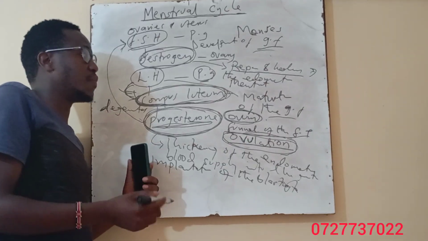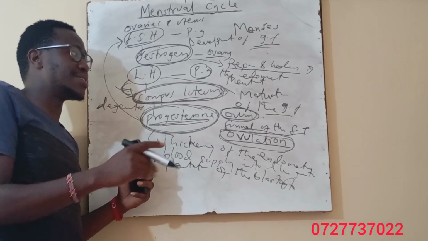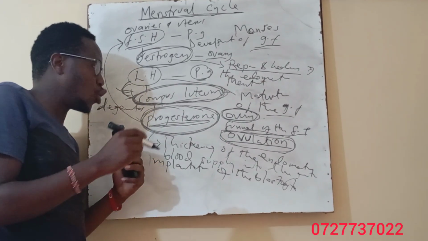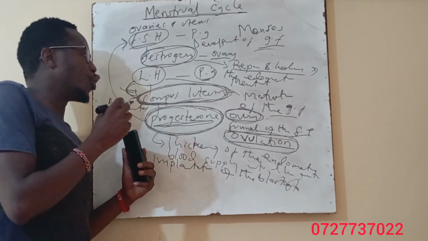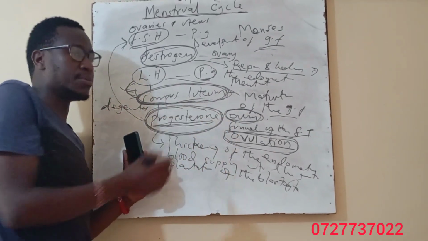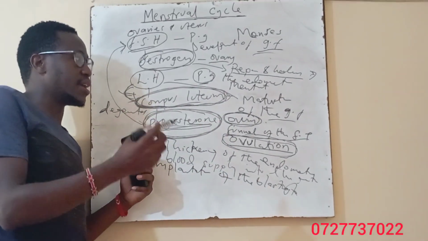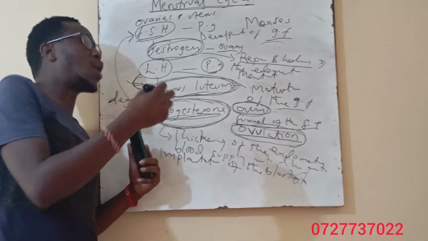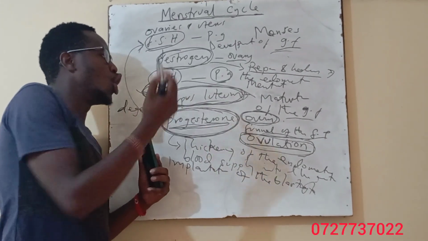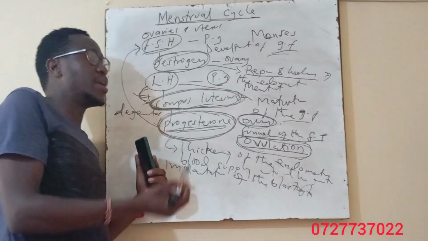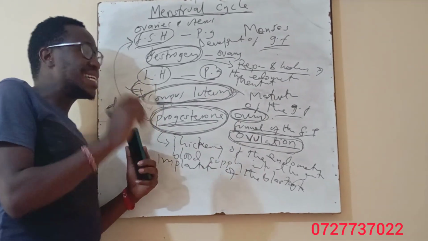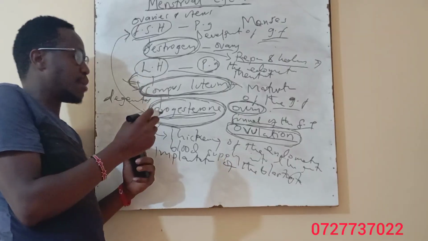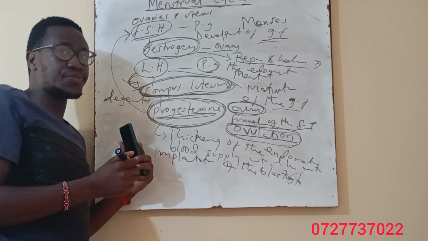After the Graafian follicle has released that ovum, it changes to a yellow body substance known as the corpus luteum. The luteinizing hormone stimulates the corpus luteum to release progesterone.